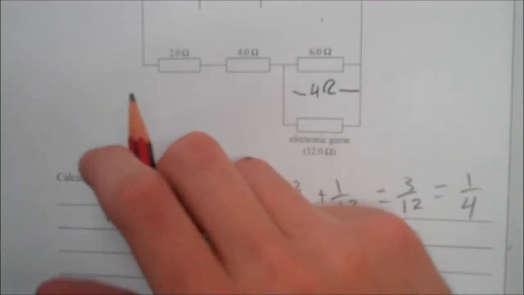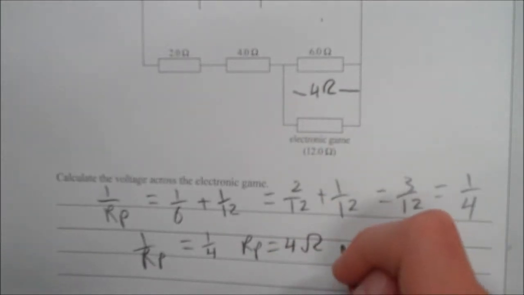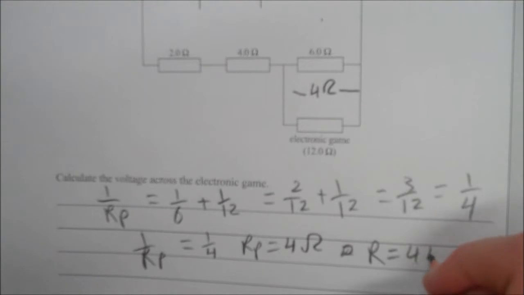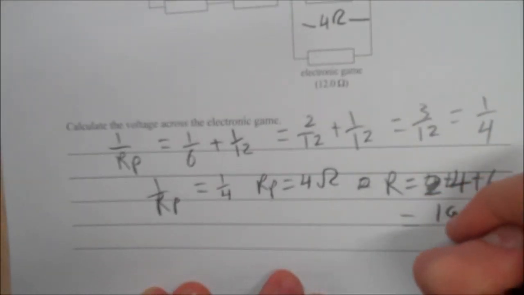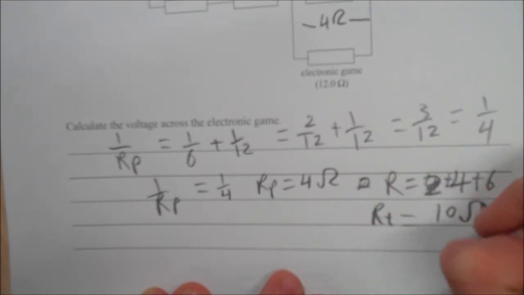So that's going to give us 4 plus 4 plus 2, so that's 10. So the total resistance is equal to, oh wait, that's 2. So the total resistance is 10 ohms.